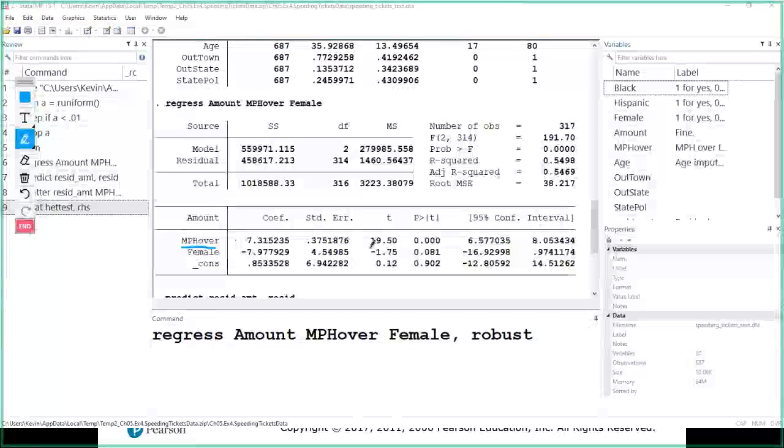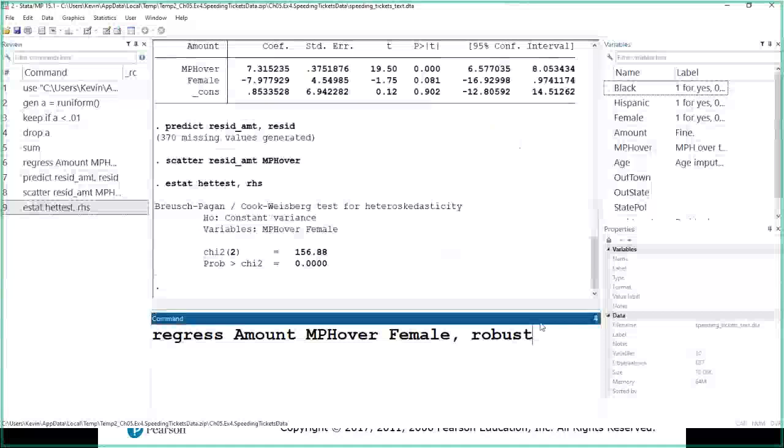I'm expecting this t statistic to go down. In other words, I'm sure miles per hour over the speed limit is still statistically significant. I would be very surprised if it were not significant after using robust standard errors, but in all likelihood, we were overstating the statistical significance in the original regression.